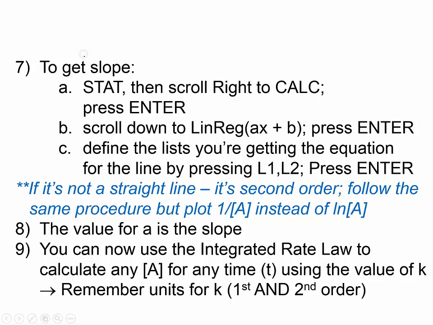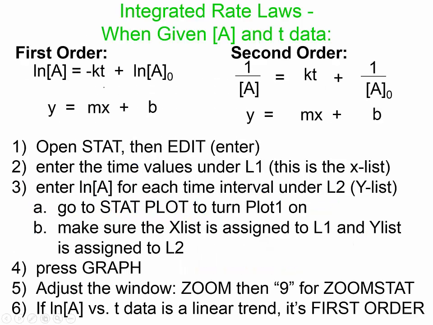The good thing about these, and I kind of didn't mention this, is another key thing about when you graph this: since it's in line form, your calculator can calculate slope for you if you have all those data points. And the good thing about that is that slope is actually the rate constant.